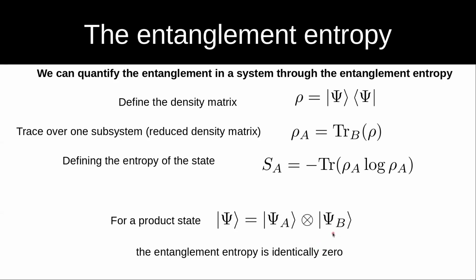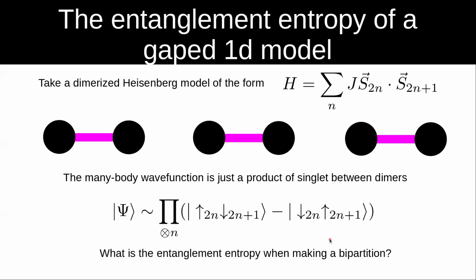In particular, if you compute the entanglement entropy for the singlet state that we showed before, you will see that it is logarithm of 2. So this quantity allows us to know how entangled a state is, and it is a key point to understand why matrix product states are a very good ansatz.